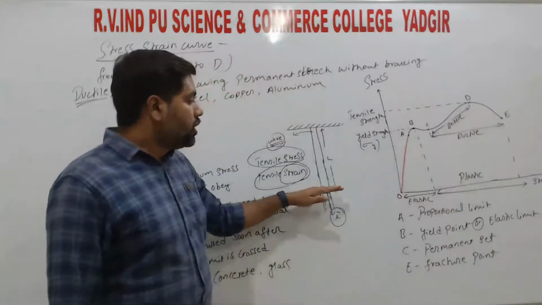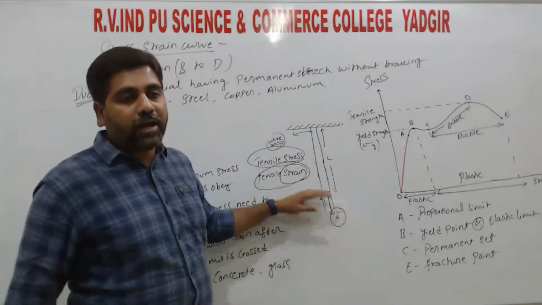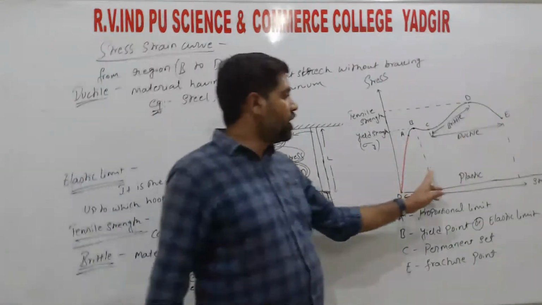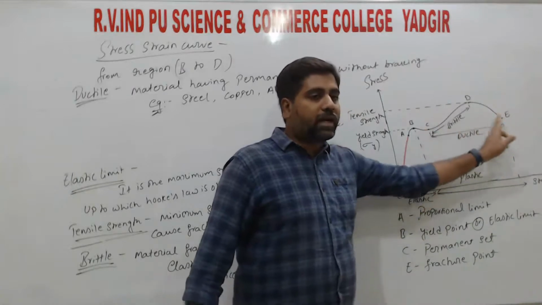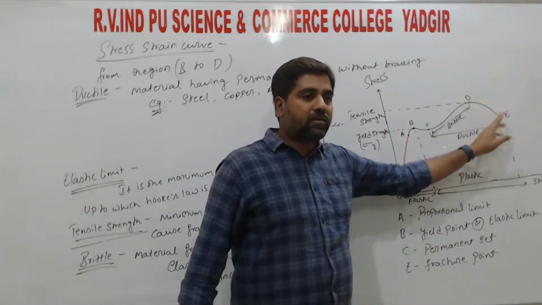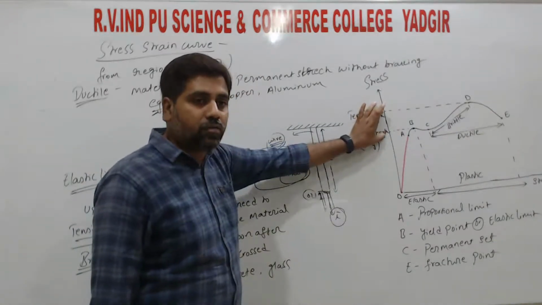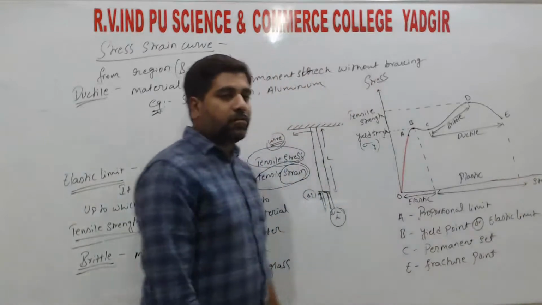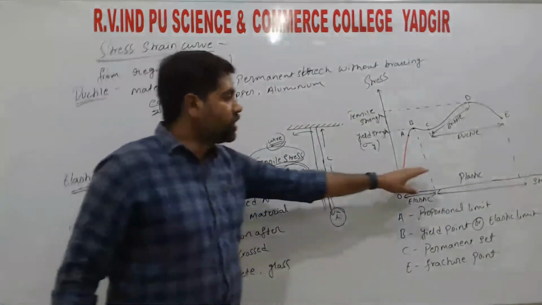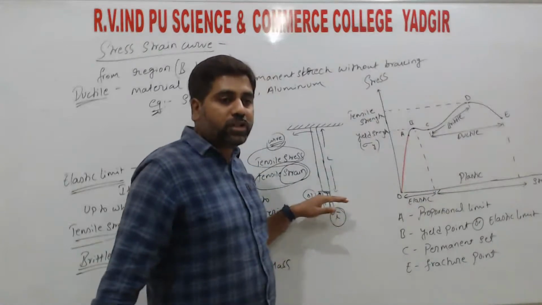So after further increasing the load, for a small increase in load we are getting the maximum strain, which we observe from the curve B to E. That means the length has increased a lot for only a small stress. In this region after removing the deforming force the wire will not get back to its original configuration.